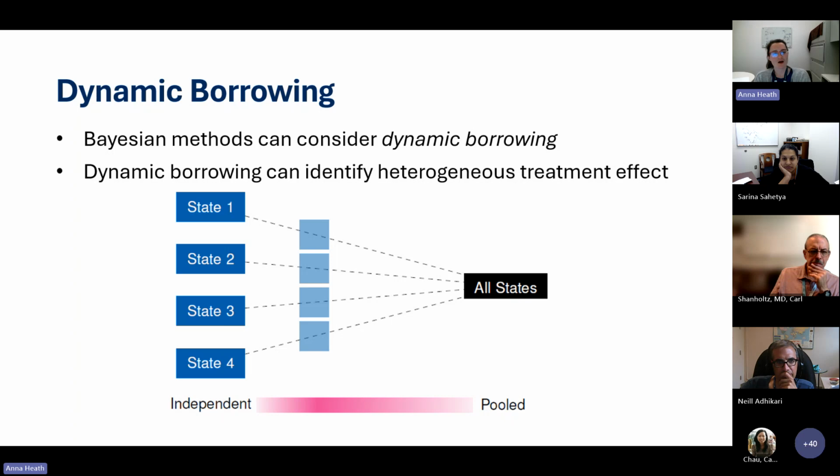Okay. So the other key element that comes in a lot in these platform trials is this idea of dynamic borrowing. And essentially, Bayesian methods allow you to do this in maybe an interpretable way. It's to do with this idea of heterogeneous treatment effect.